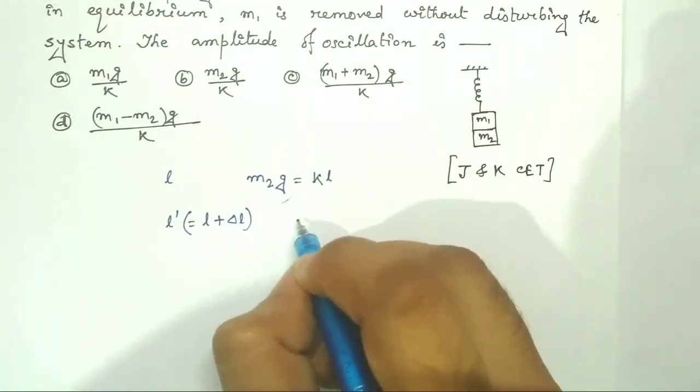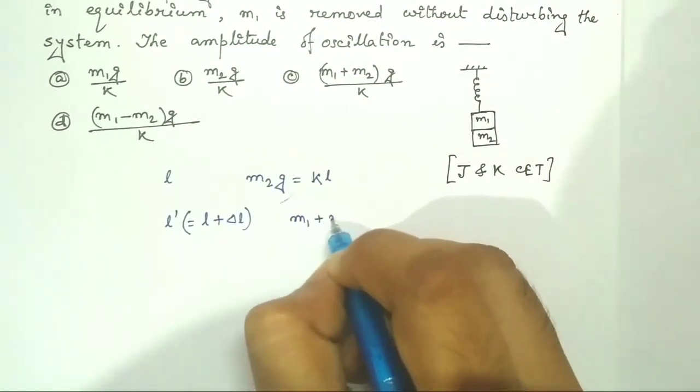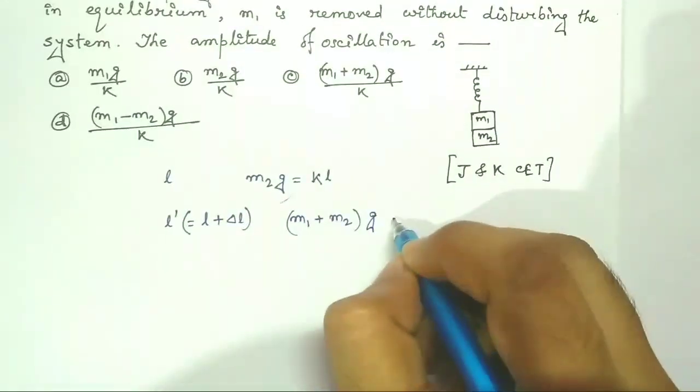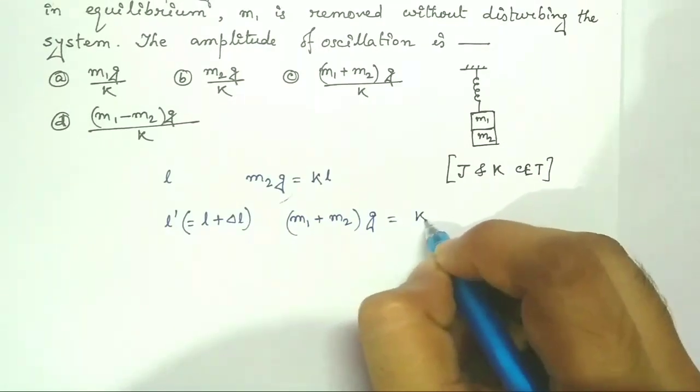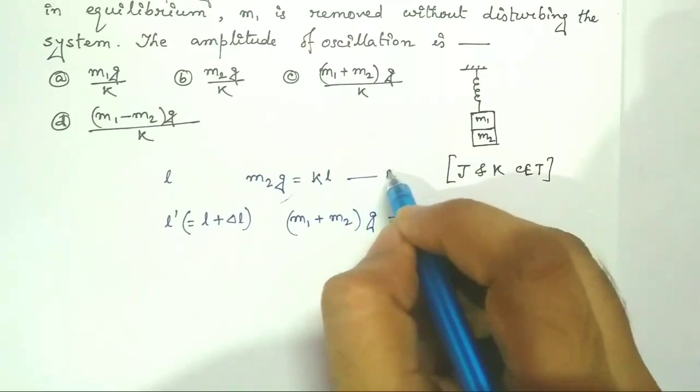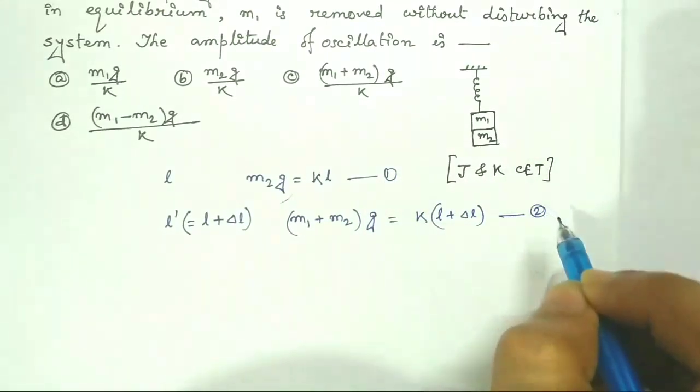In that case we can write total force downward is their weight, M1 plus M2 into G, equal to K into L plus delta L. This is my equation number 1 and this is my equation number 2.